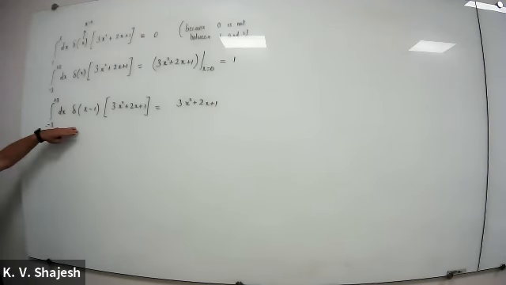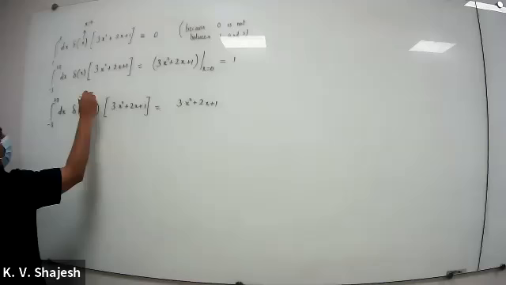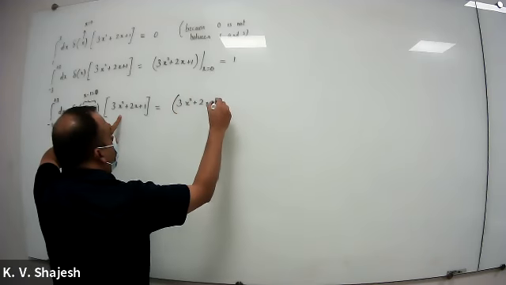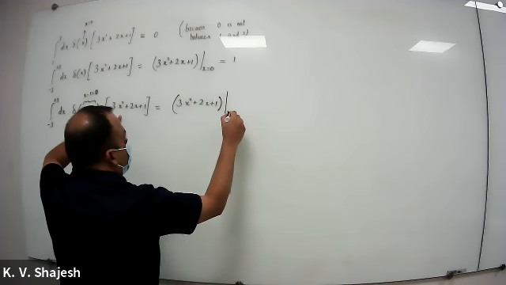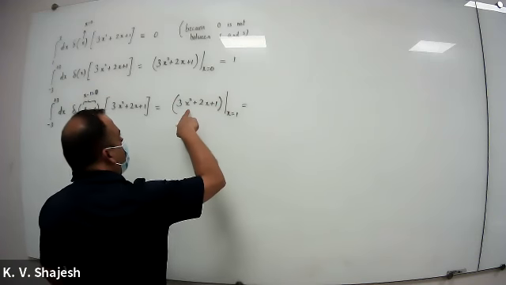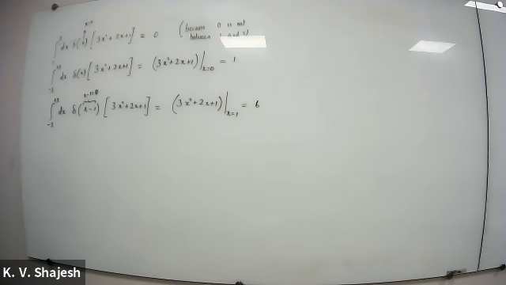The third example is the same one, but now when I set x minus 1 equal to 0, it is x equal to 1 that survives. So I will evaluate this at x equal to 1. And that, as some of you told me, is equal to 6. Any questions on that? No, it's pretty straightforward.